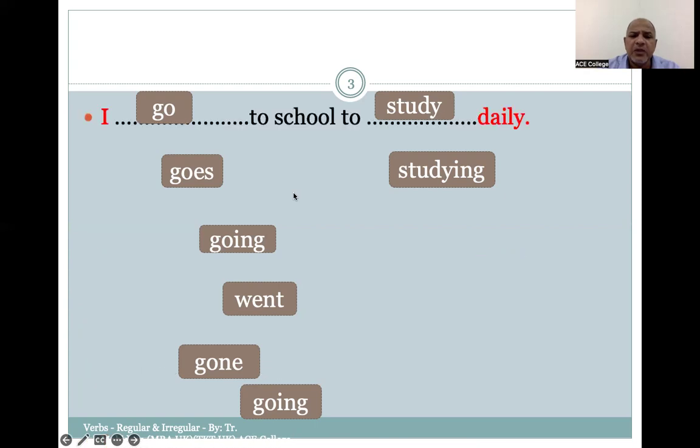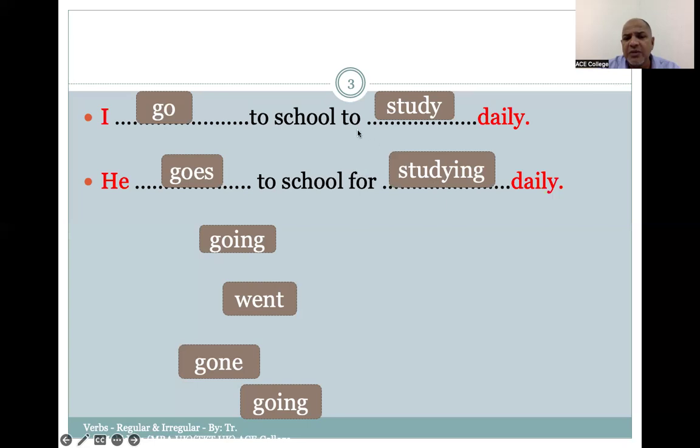Okay, so now you have the sentence here. I go to school to study daily. So if the action is a daily, everyday action, you have to bring go. That is the first form. And the same thing with he and she, you have to change go into goes. So the same thing: he goes to school for studying daily.